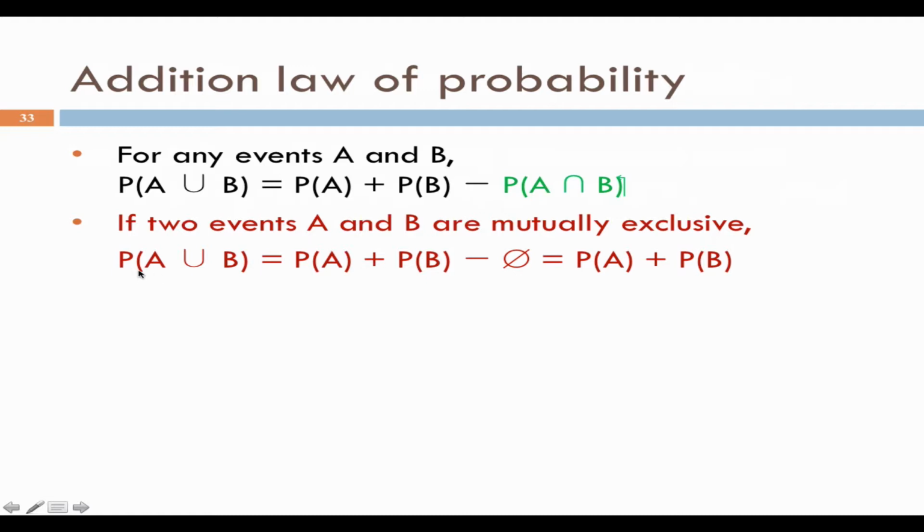So if A and B are mutually exclusive, the probability of A union B is the probability of A plus the probability of B, subtract this 0. That basically means that if those two events are mutually exclusive, the probability of the union happening is really just the summation of these two.